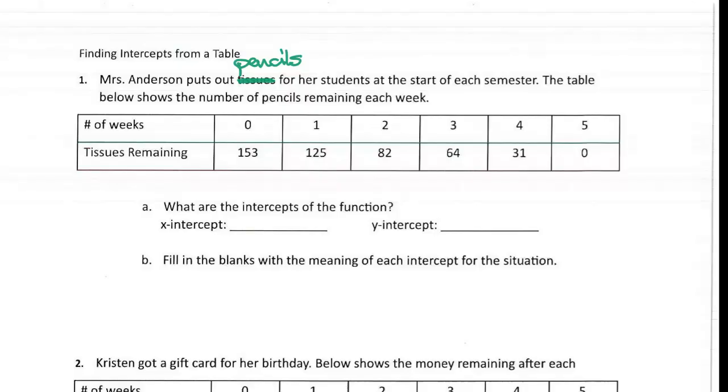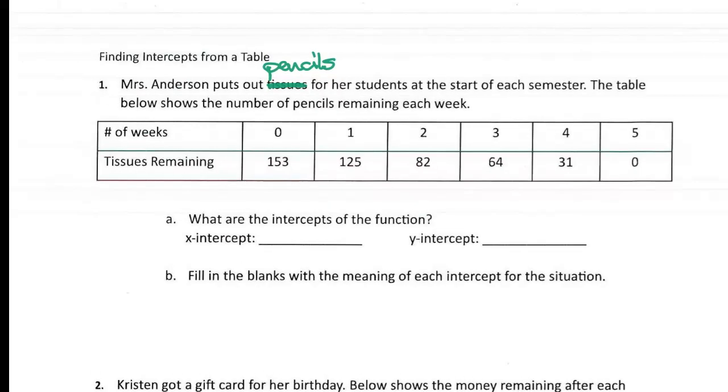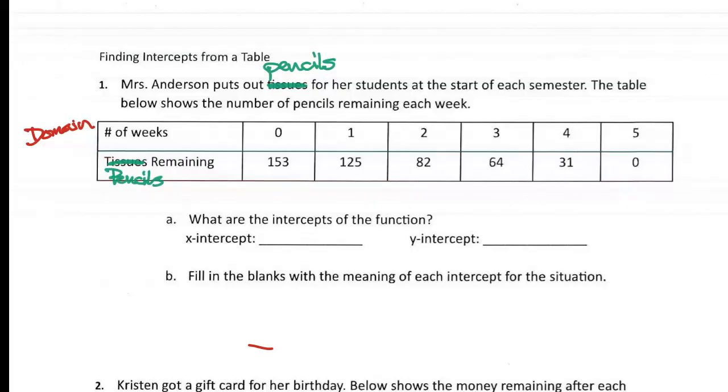So, week 0. Okay? Week 0, number of weeks. This is your domain. These are all of your x values, which means over here, instead of tissues remaining, we're going to say pencils. And this is your range.